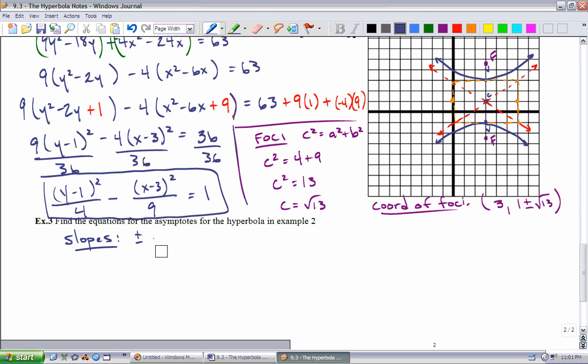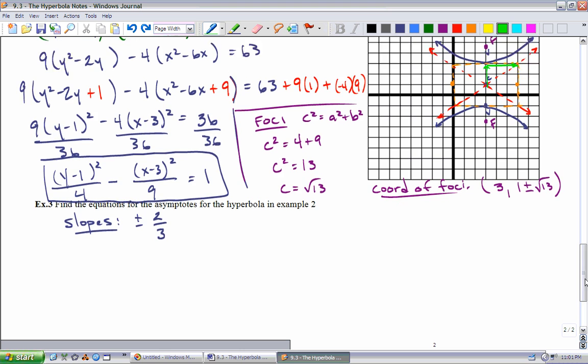Oops, I'm sorry, 2 over 3, that was b squared over a squared. But if you look, you can see it. The slope of our asymptote here is up 2 over 3. So it should be 2 over 3 and negative 2 over 3. Okay, now we can actually see our y-intercepts here also should be negative 1 and positive 3. But let's verify that, okay?